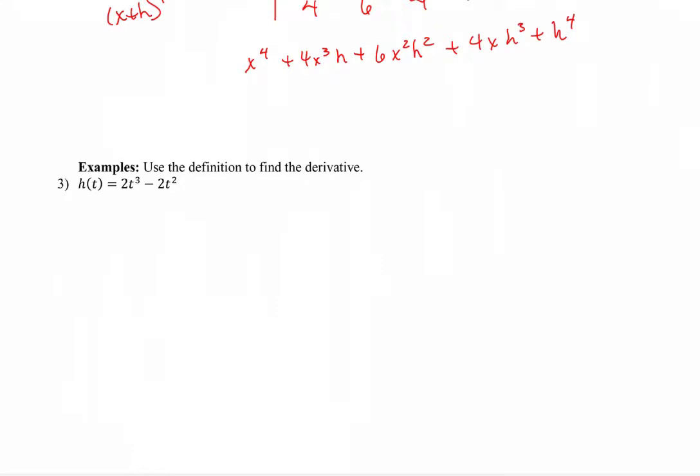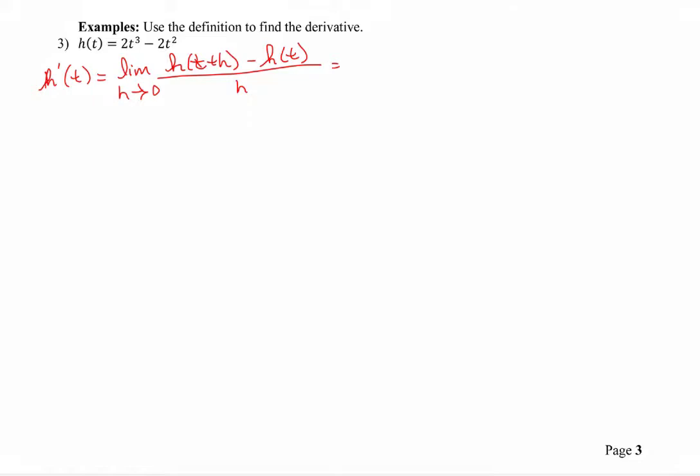So the first function we're going to find the definition of derivative for is going to be script h of t. So script h prime of t equals the limit as h goes to 0 of script h of t plus h minus script h of t all over h.